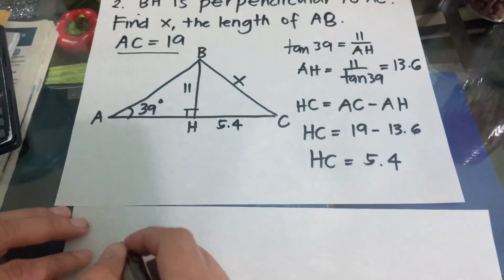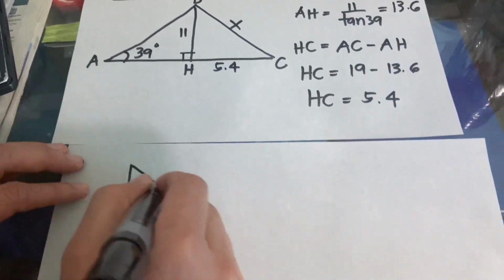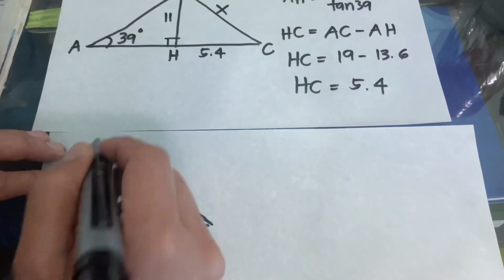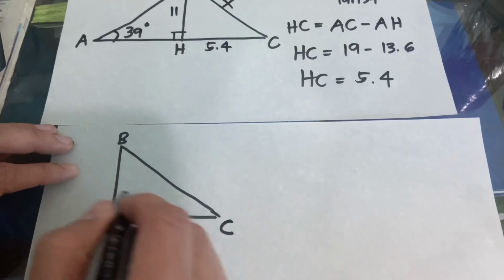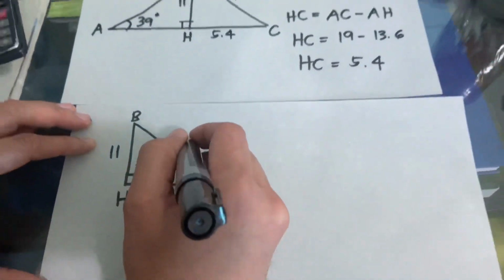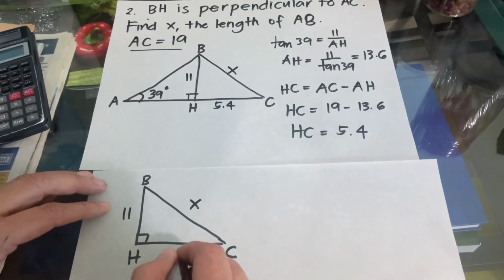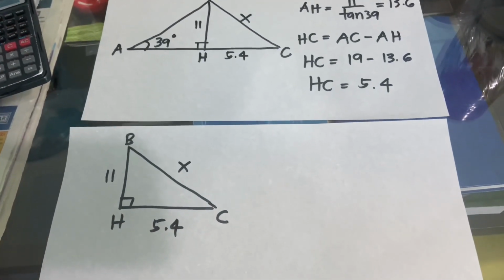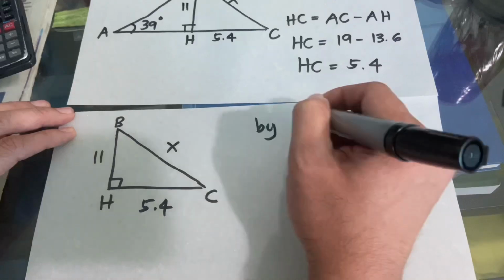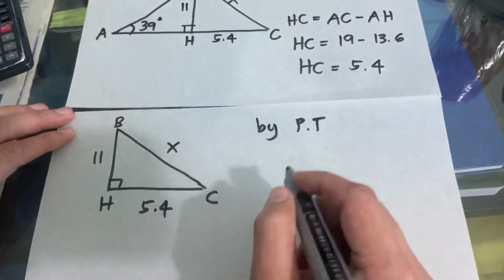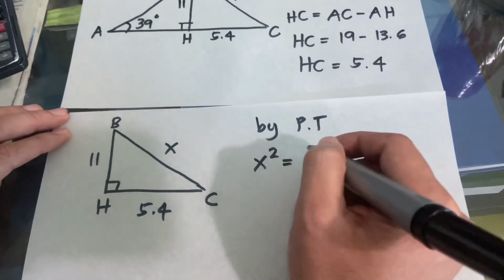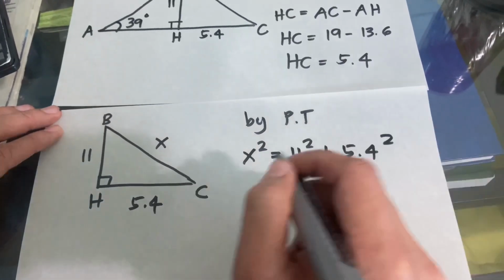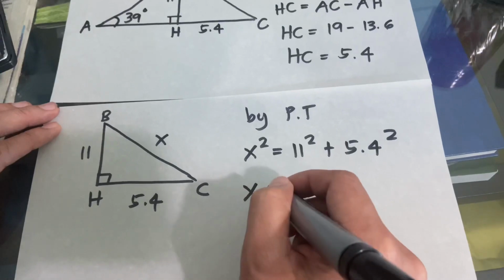So let's try to isolate the other triangle. It's also a right triangle here. We have BH and HC. That's 11, and this is x, and this is 5.4. You can solve this one by the Pythagorean theorem. So x squared is equal to 11 squared plus 5.4 squared. Let's try to solve this one.